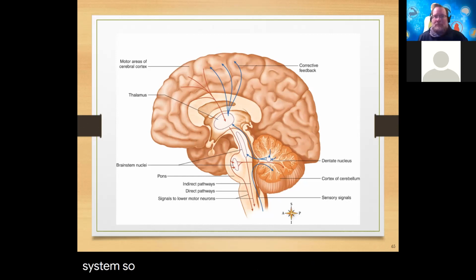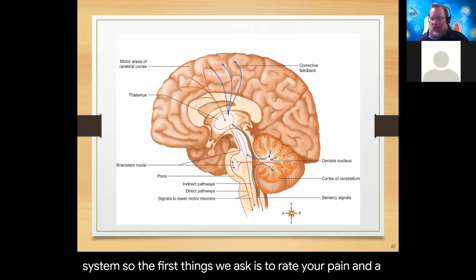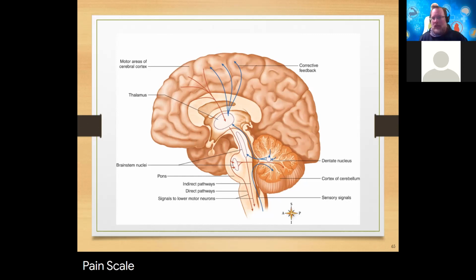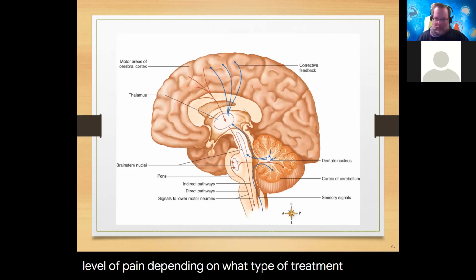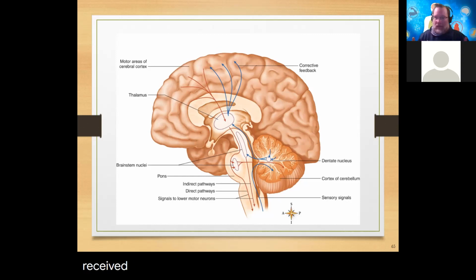So pain, one of the first things that we ask is to rate your pain on a pain scale. Again, it's very subjective. It's for that individual at that individual moment in time. So that same individual at a different moment in time is going to perceive a different level of pain depending on what type of treatment they've received, and possibly just depending on their thought patterns.